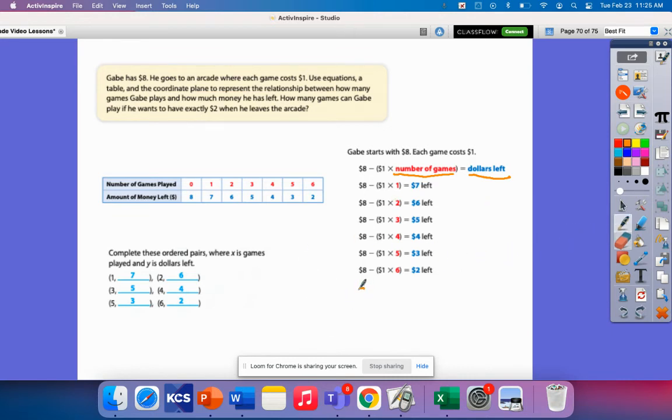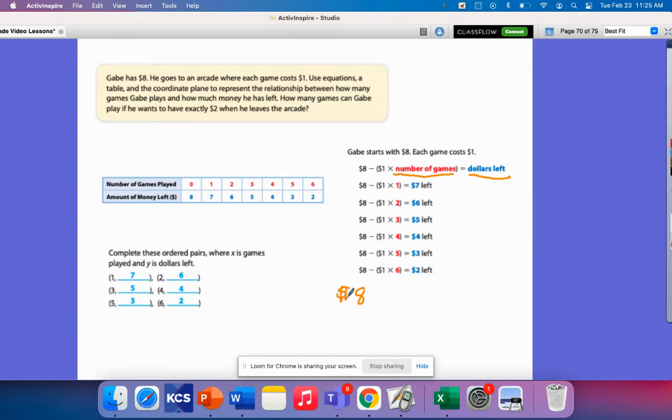So if I was going to write this equation, I could say $8, because that's what I started with. Remember that when we do things in parentheses, those are the operations that we need to do first. Each game costs $1, so I'd do 1 times X, and I'm going to make a big X because X is the number of games. If I substituted any of these numbers in, I would get dollars left. What represents that?